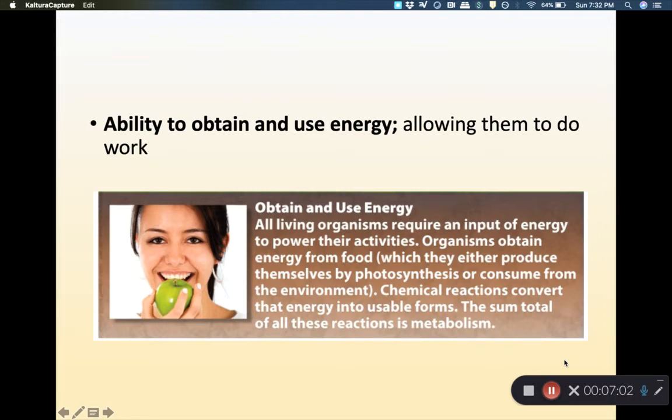That ability to obtain energy is helping me maintain the chemical reactions that allow me to stay in homeostasis and ultimately allow me to grow and then reproduce. So again, these are highly related to one another, but it's important that each of them have a very specific function for a living organism.